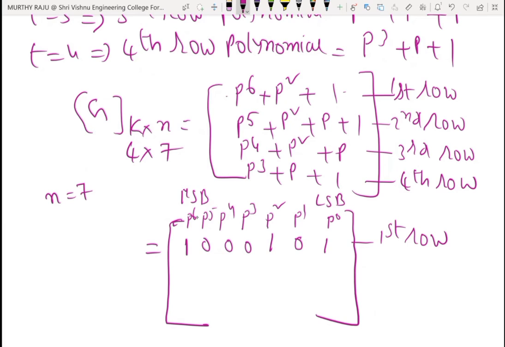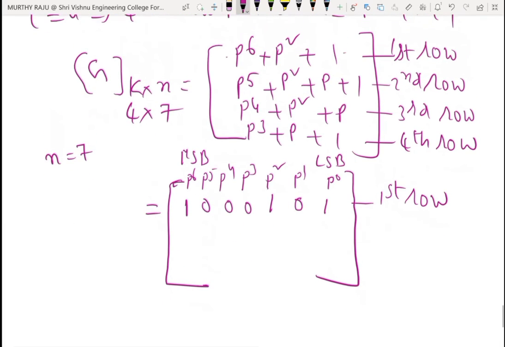Convert this polynomial into coefficients. In the second row, 0, 1, 0, 0. Here p square is 1, p is 1, and 1 into p power 0 is 1.